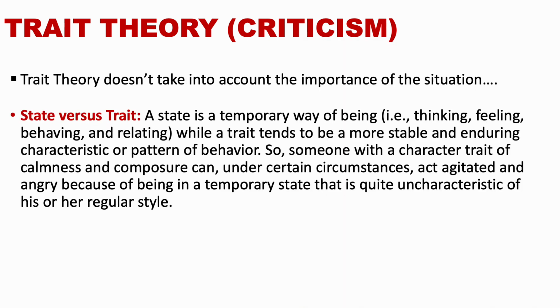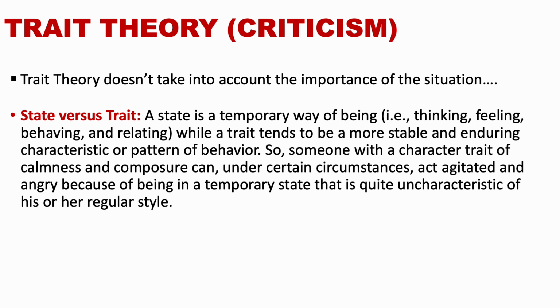Trait theory also has a problem with taking into account the situation and the importance of a situation. And to explain that, I'm going to talk about the difference between states and traits. A state is a temporary way of being, a temporary way of thinking, feeling, behaving, and relating, while a trait tends to be more stable and enduring, an enduring characteristic or pattern of behavior.